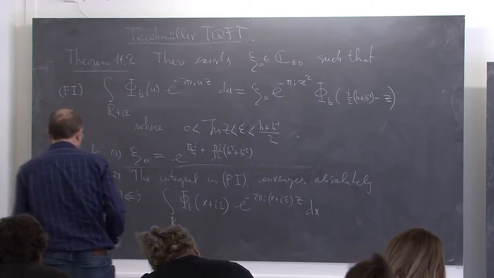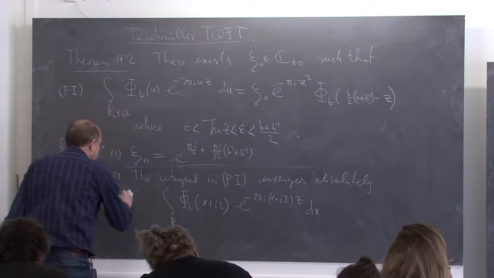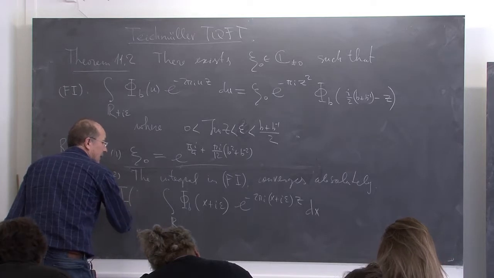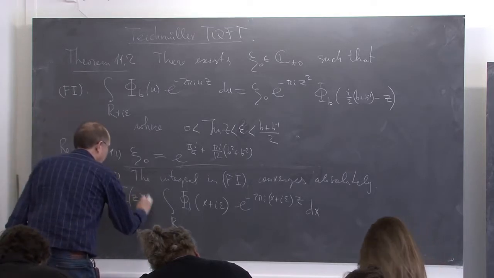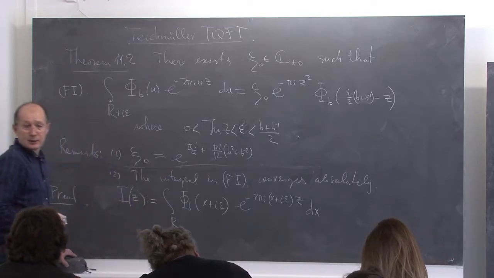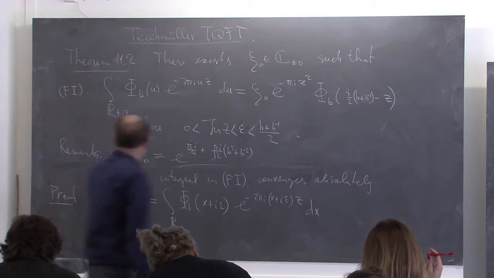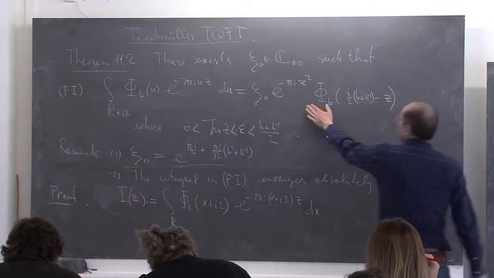Now let us define this as I of z. The objective is to show that I of z is the right-hand side.